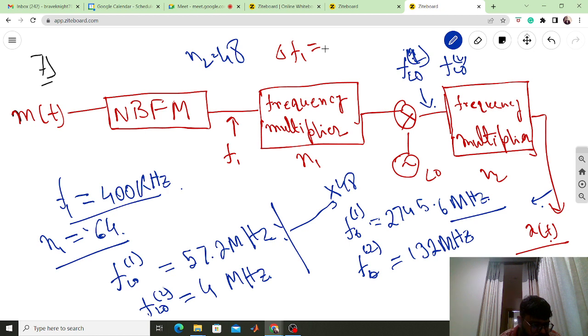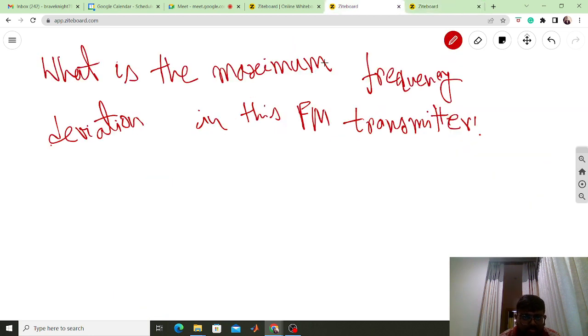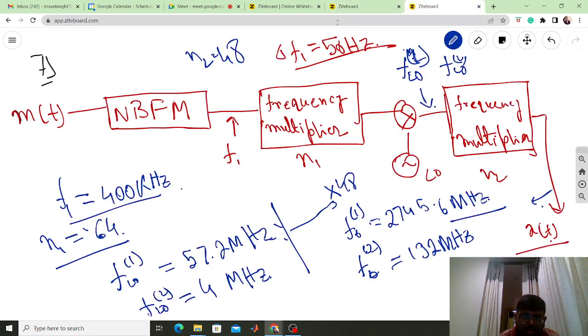It was noted in the first question. If you had noted this one, the delta f of 1 is 50 Hertz. So that can be the variation of the f1 frequency. So the maximum frequency deviation is how much the delta f1 can vary at the output.